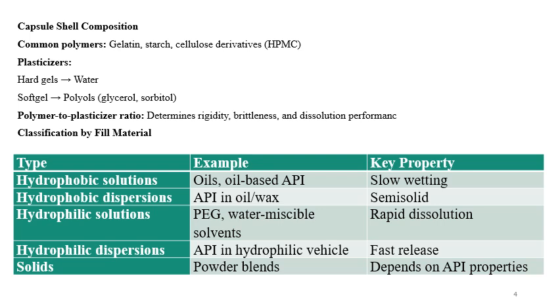Hydrophilic solutions contain PEG, water-miscible solvents, and have rapid dissolution. Hydrophilic dispersions have the API in a hydrophilic vehicle and show fast release. Solids may be powder blends, pellets or tablets, and these depend on the API properties.